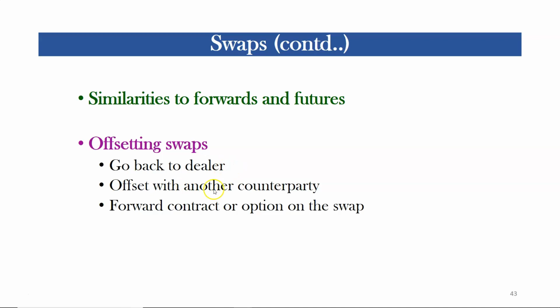Alternatively, you can enter into an offsetting swap with a counterparty other than the original dealer. In this case, there will be now two contracts outstanding with two different counterparties and hence the credit risk will increase. You can also terminate a swap using forward contracts known as forward swaps or using options on the swap known as swaptions.